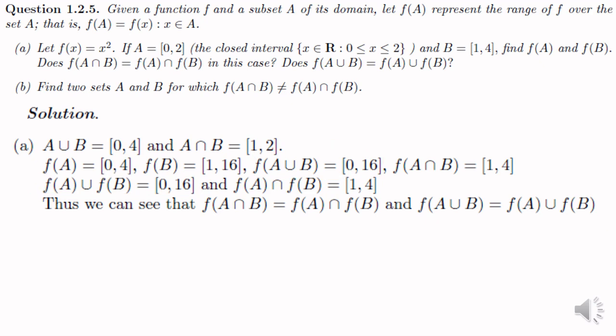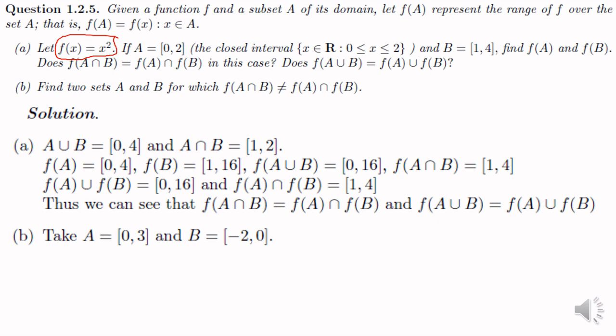And for the second part, find any two sets A and B for which f of A intersection B is not equal to fA intersection fB. So we have to choose A and B in such a way that f of A intersection B will not be equal to fA intersection fB, with the function f of x equal to x square. Now we will take A as 0, 3 and B as minus 2, 0.